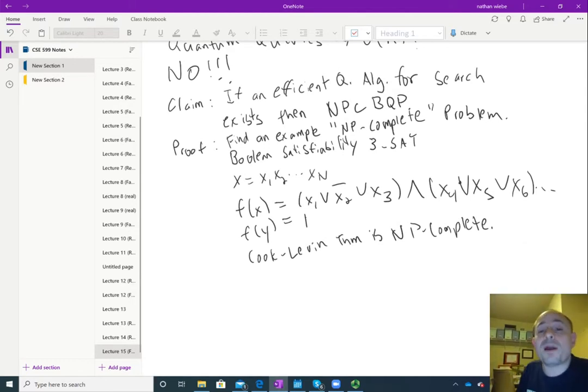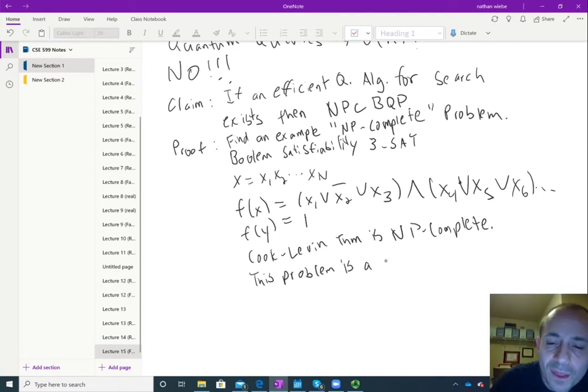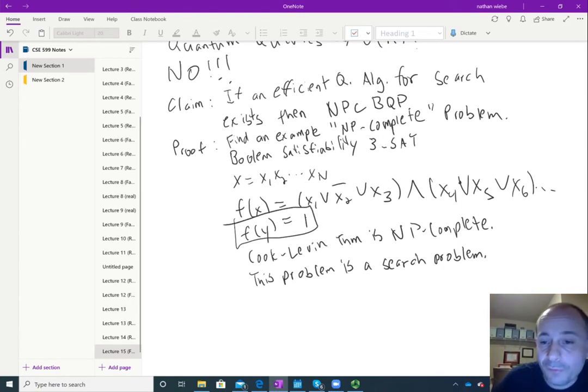Furthermore, once we write it like this, it's clear that this problem is a search problem, because our goal is to find a value of y such that f of y, which in this case is an efficiently computable function, equals 1.